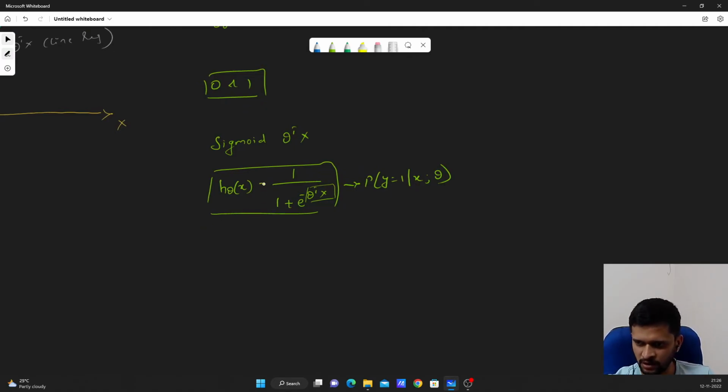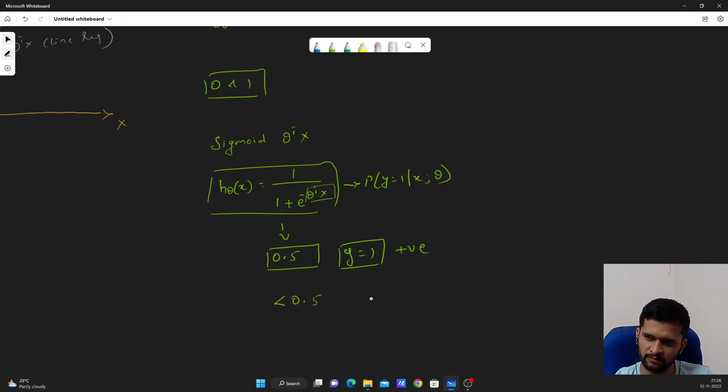If this gives us a value greater than or equal to 0.5, we treat the given data as belonging to class 1, or positive class. If the probability is less than 0.5, we treat it as belonging to class 0, or negative class.